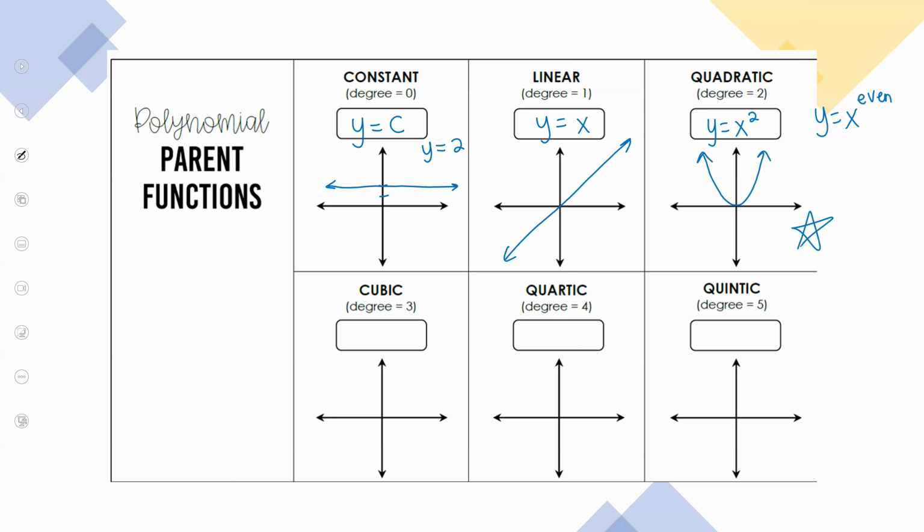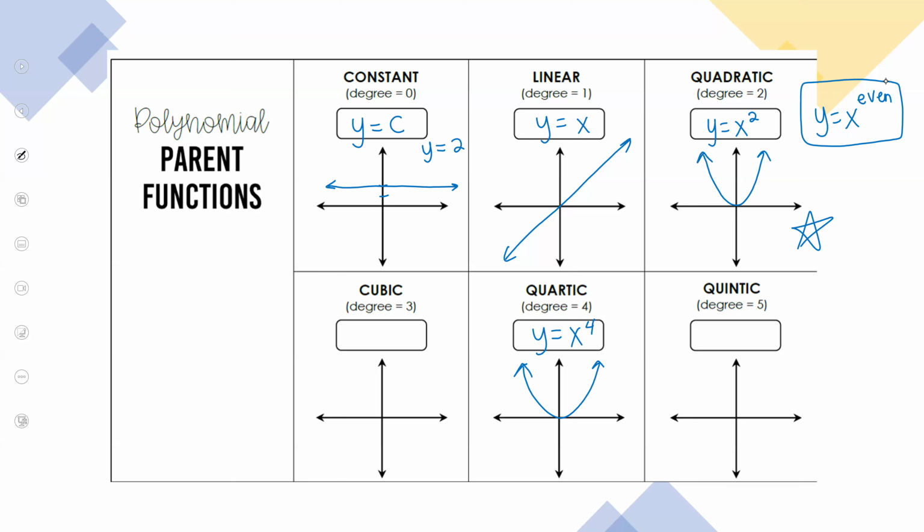So this quartic, y equals x to the power of 4, will look very similar. It'll be a parabola shape. These shapes are called parabolas. So please write this little note on your page. When your degree is even, you will have a parabola shape.